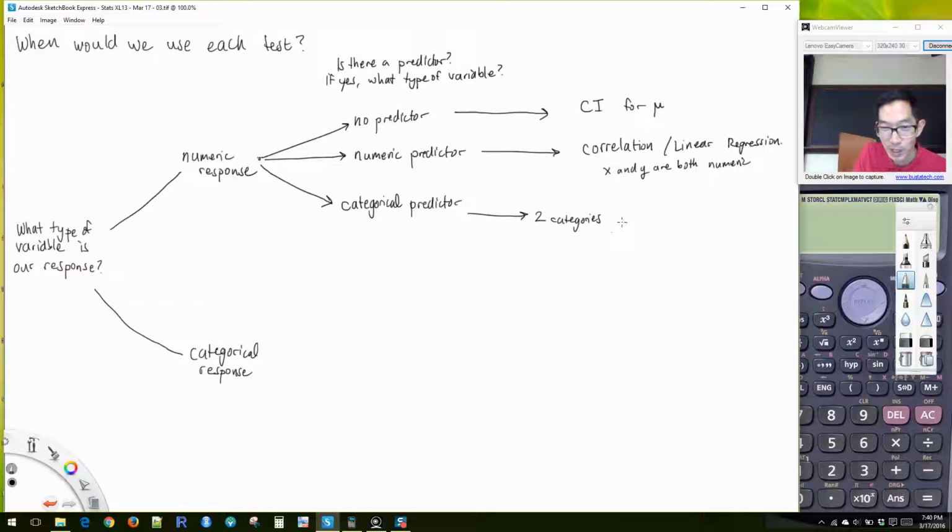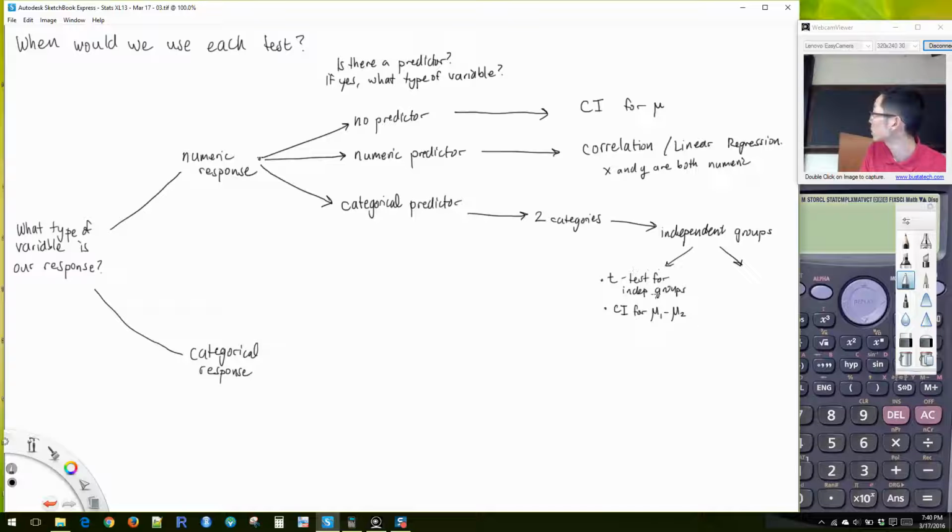With two categories, we can have independent groups, and with independent groups we have a few options: a t-test for independent groups, and also a confidence interval for mu1 minus mu2.